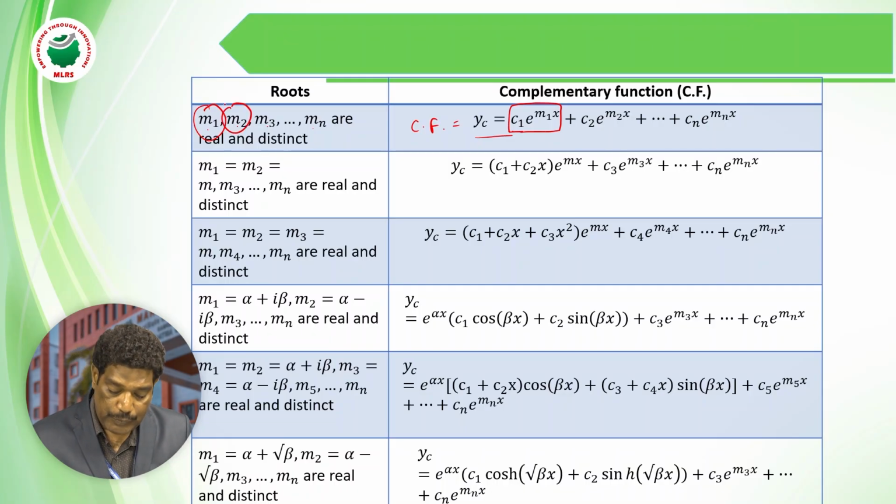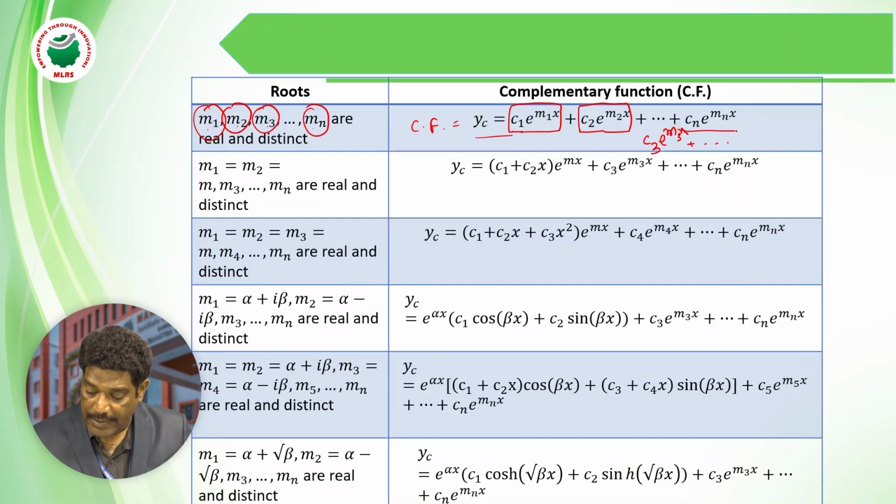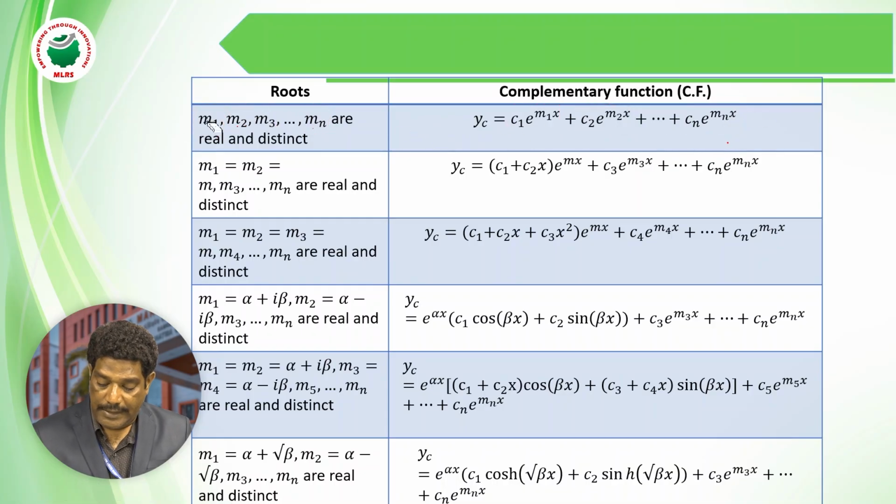For the second root, m2, you can write c2 e^(m2 x). For the third root, m3, you can write c3 e^(m3 x), and so on. For the nth root, mn, you can write cn e^(mn x). This is the way we construct the complementary function whenever the roots are real numbers and distinct.